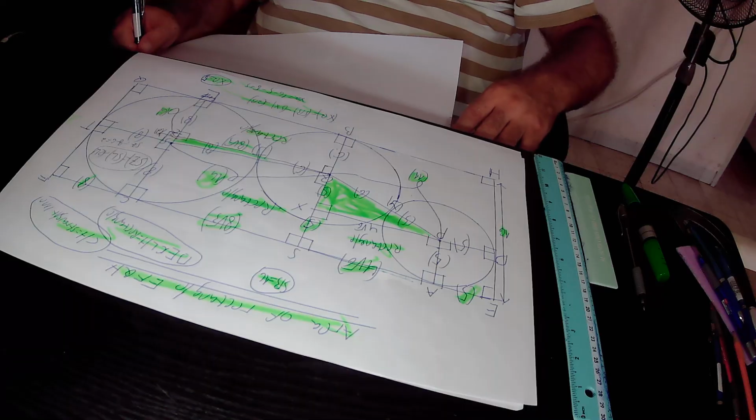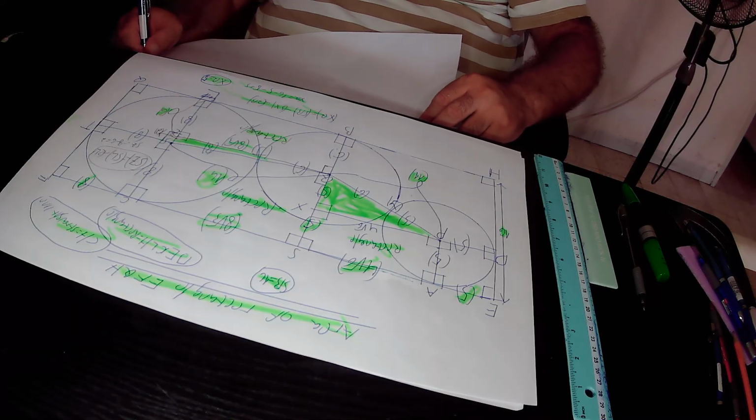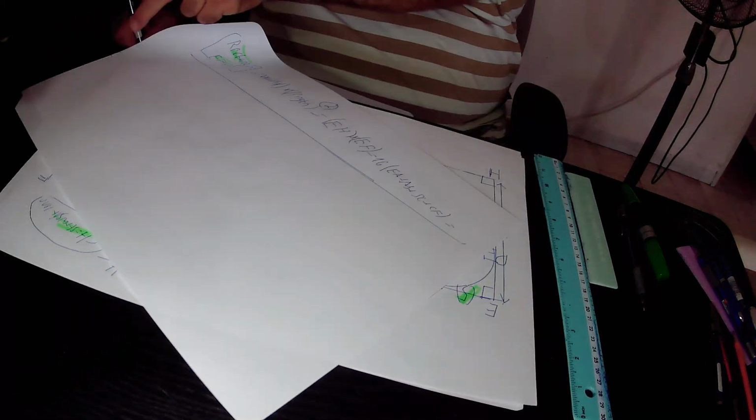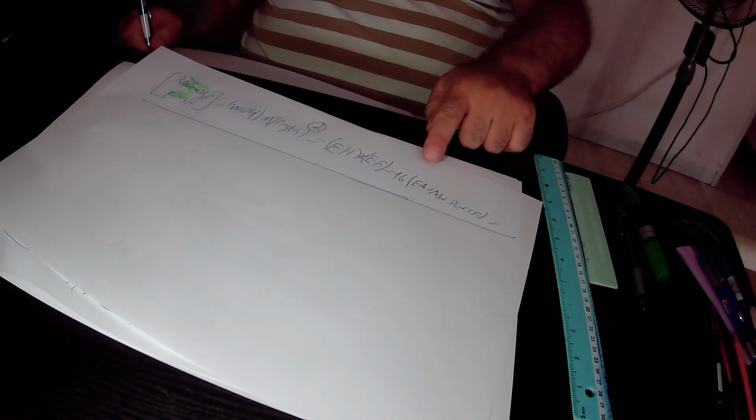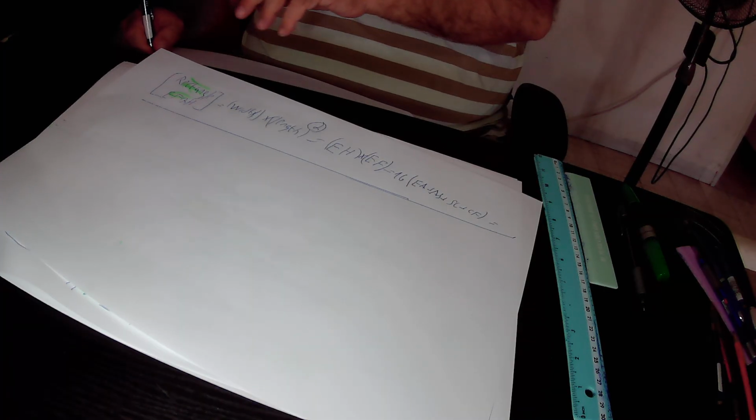So the area of rectangle EFQH equals the width, that is 16, times the length, that is EA plus AS plus SC plus CF.